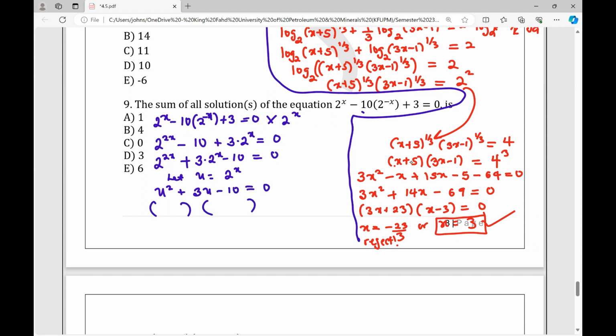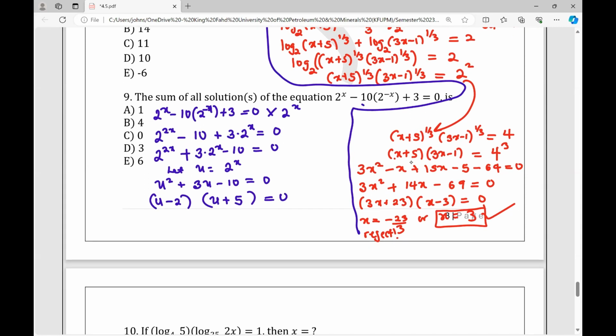Now here you have two factors. So you have, I think, u minus 2, right? And u plus 5 equals 0. So u is equal to 2, or u is equal to minus 5. But what is u? u is 2^x, so you have 2^x equals 2, or 2^x equals minus 5.